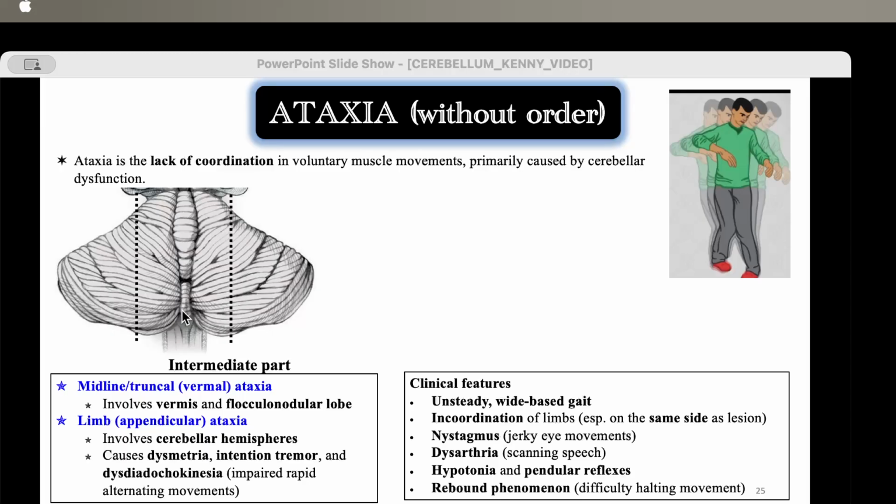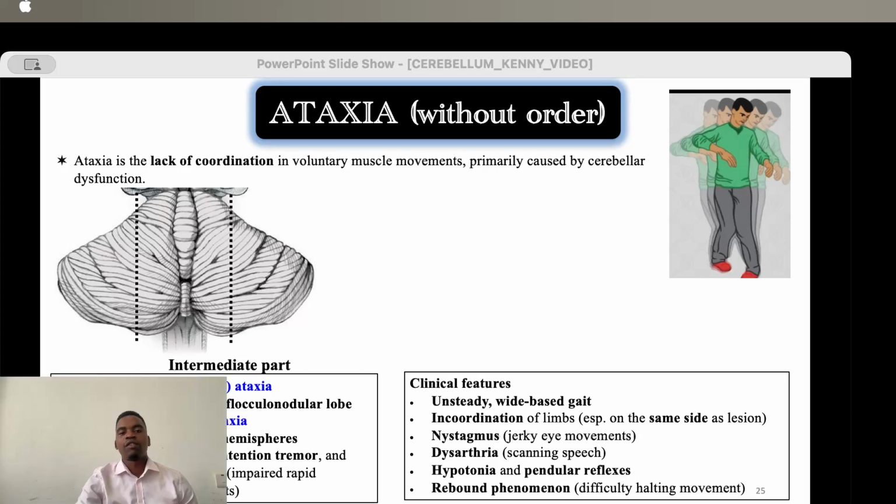But also we have the appendicular ataxia, or ataxia of the limbs. And remember, we have two types of limbs. You have upper limbs and lower limbs. So if we have a lesion on the specific part of the cerebellum that is associated with coordination of these limbs, we will have limb ataxia.